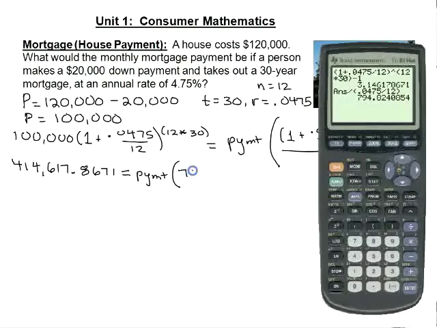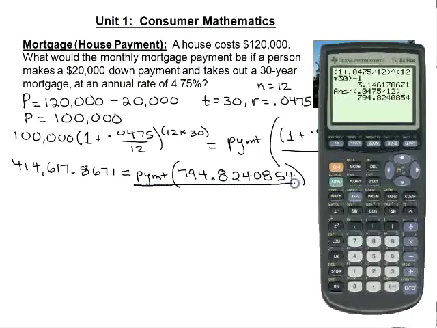We get 794.8240854. So we have 414,617.8671 is equal to payment times 794.8240854.